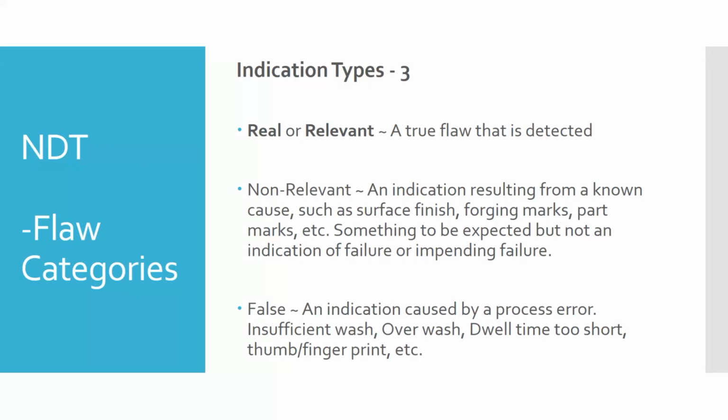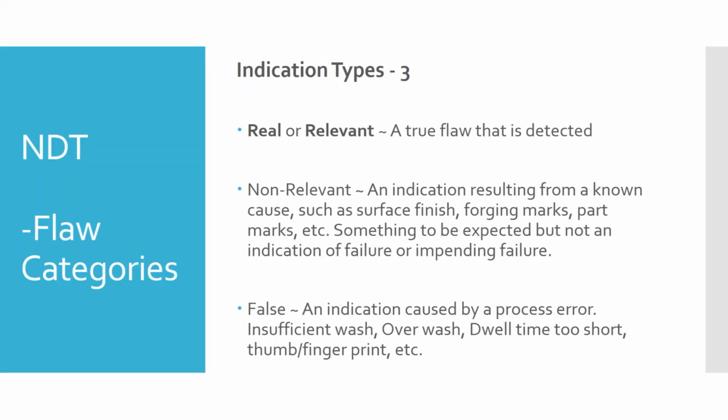This is, just by the nature of the parts we're looking at, that there will be indications that come up in your tests that are due to some feature of the part. It could be things like geometry, surface finish, or tooling marks.